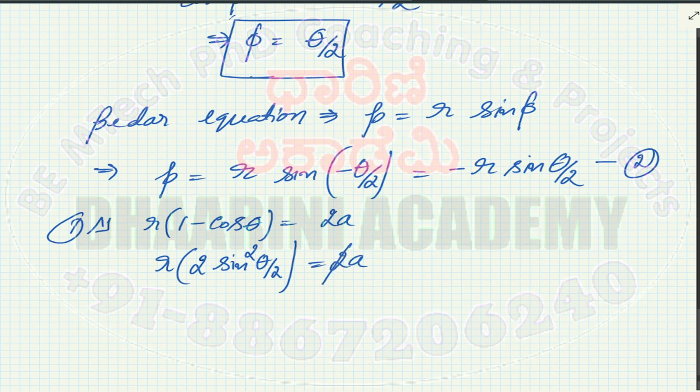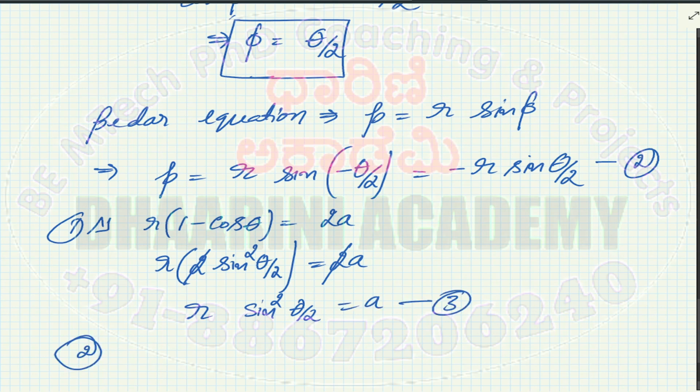I will cancel the 2 with the 2. So I have r into sine square theta by 2 is equal to a. Right? Let me call this 3.